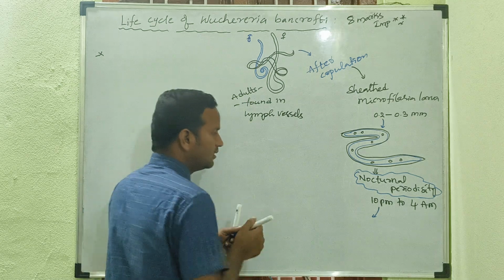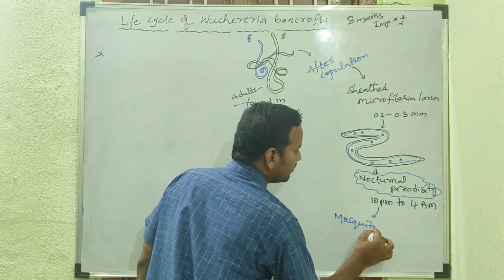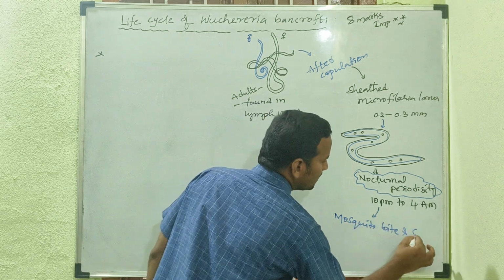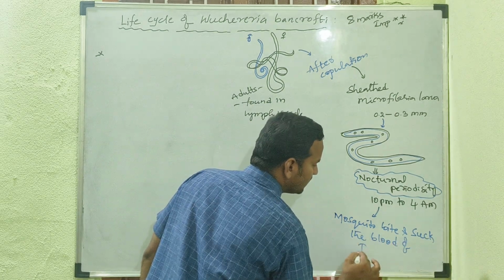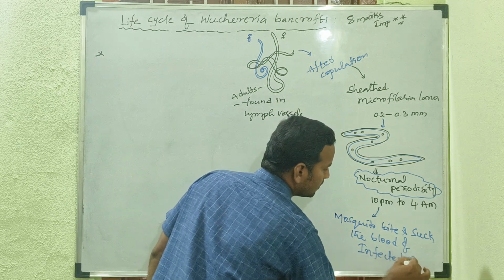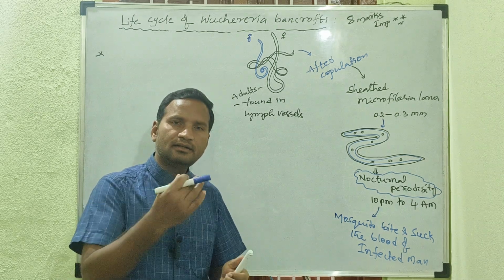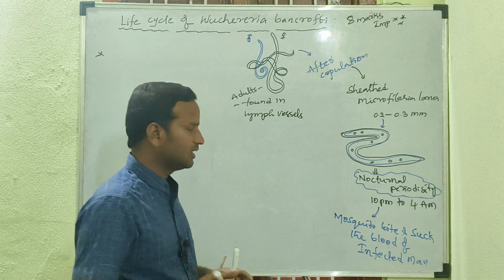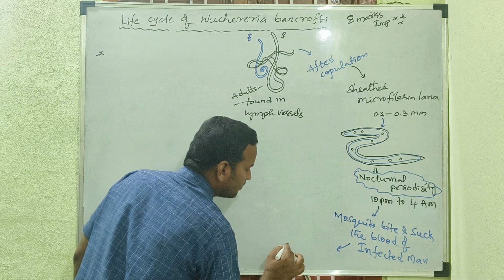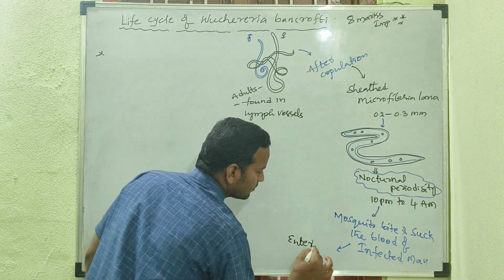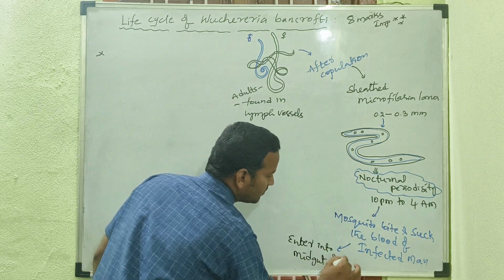Whenever the mosquito bites the infected man and sucks the blood of the infected man, the sheathed microfilaria larva enters into the midgut of the mosquito.